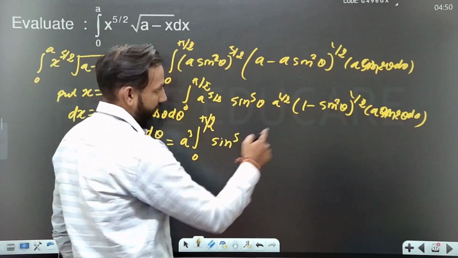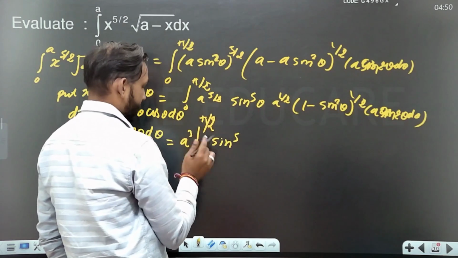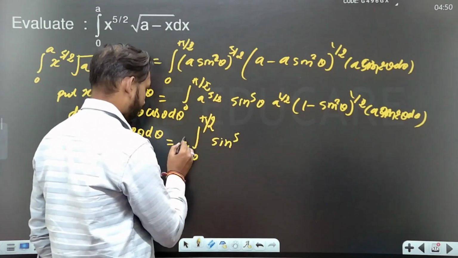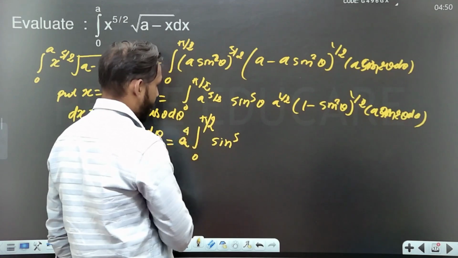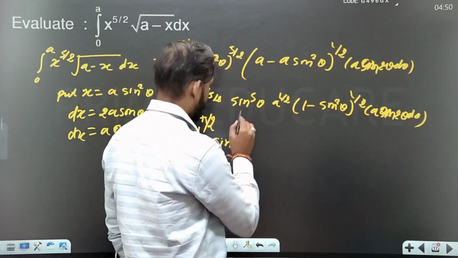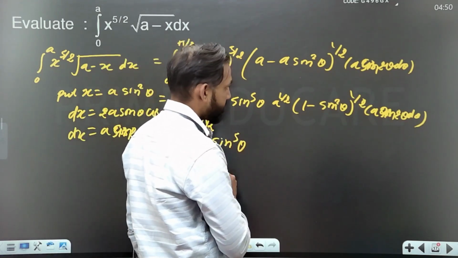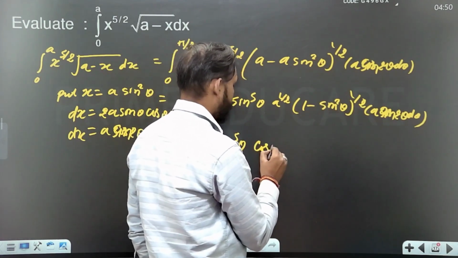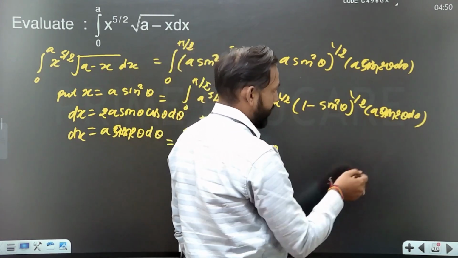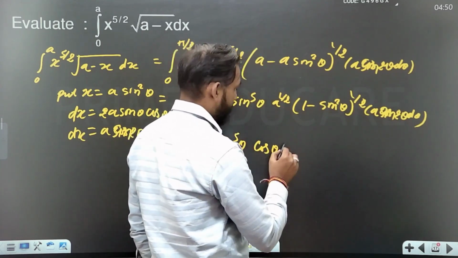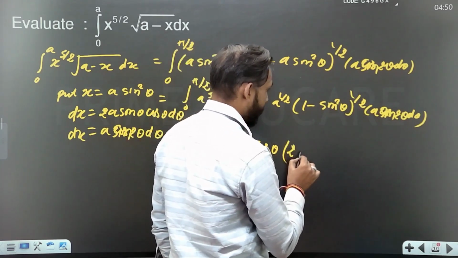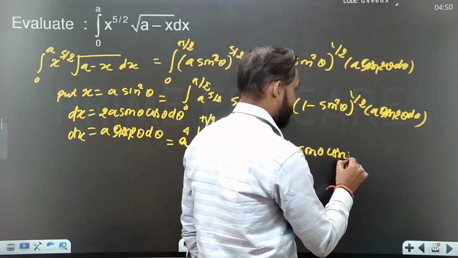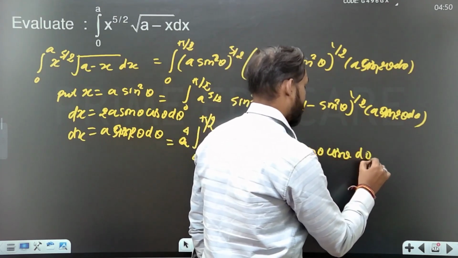Okay, now a and the power of a is 3, and this will make the power of a 4, and sin to the power 5 theta, and what is this? This is nothing but cos theta, and after this we open the sin 2 theta formula, and it is 2 sin theta cos theta d theta, right?